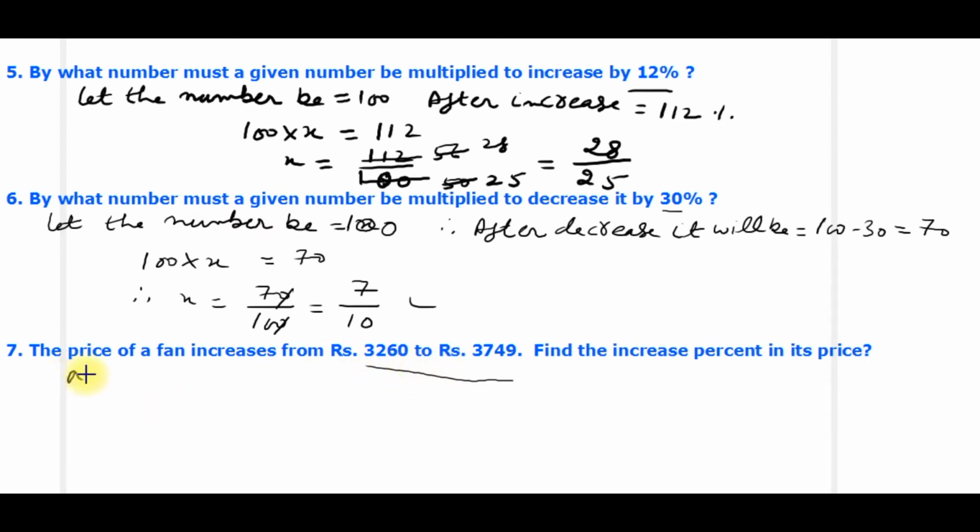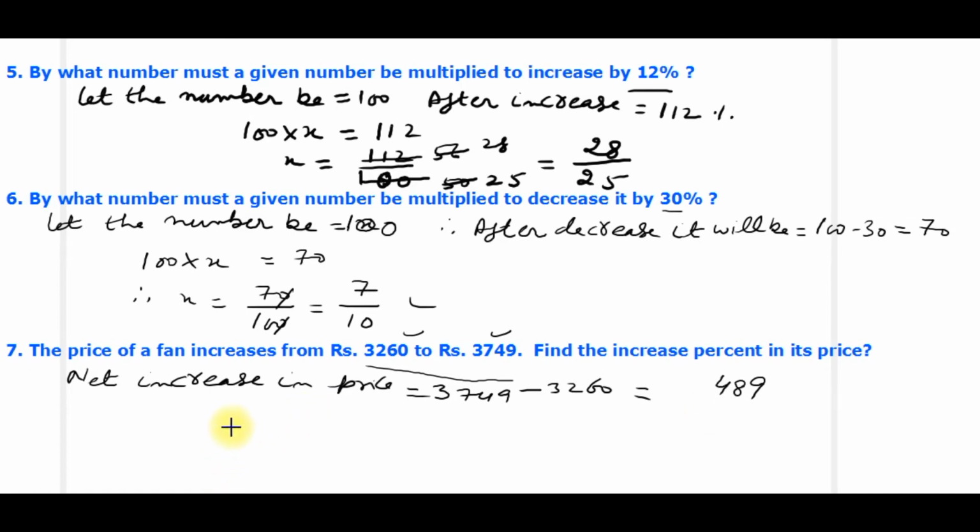So net increase in price, this minus this, 3749 minus 3260, what would it become? 9 minus 0 is 9, here 4, 6, 6 plus 8 is 14, 3 7 minus 3 is 4.